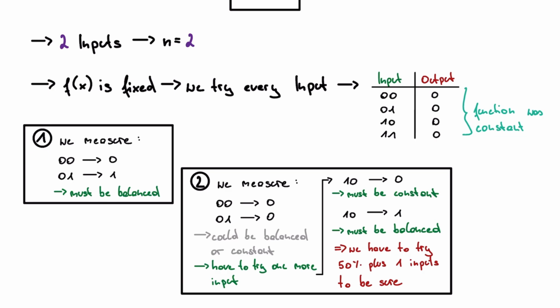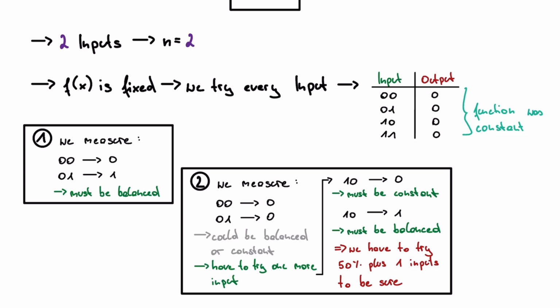Otherwise, the distribution won't be exactly 50-50. But if 1,0 gives us another 0, then we would have 3 zeros and only one input left. In that case, we know it can't be balanced anymore, so the function must be constant. So just by testing 1,0, we can now definitely say whether the function is constant or balanced.